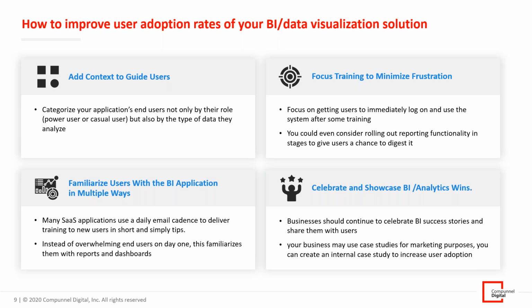So we have to target end users by giving different formats and types of data. For some people, detail-level data is required. For some users, higher-level or summarized data is required. We have to identify and segregate these users, and based on the users, we should add context to guide them.